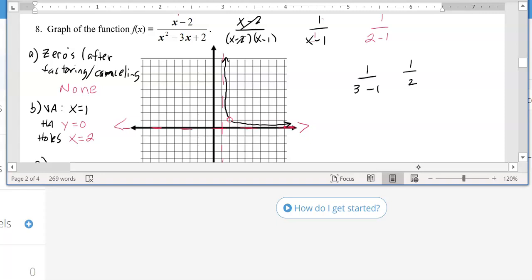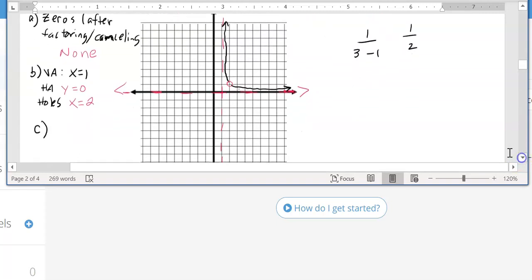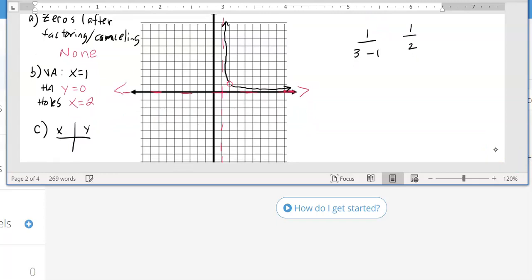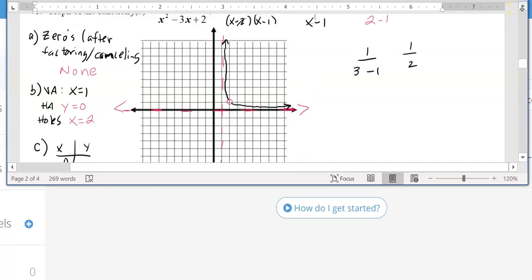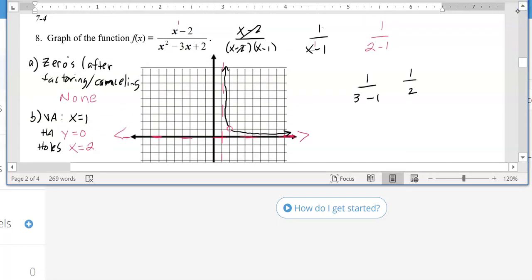Let's see what happens on the left side. So we can continue with our table. On the left side, I can use input 0. So let's do 1 over 0 minus 1. If I input 0, I get -1 output.